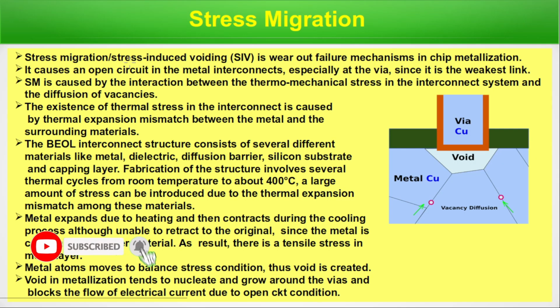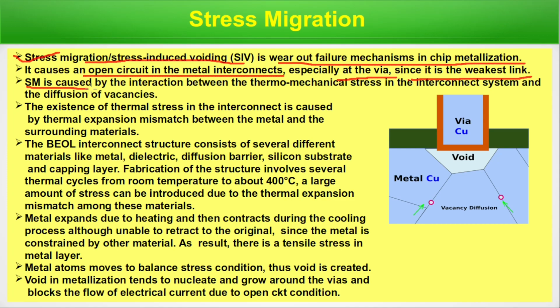Stress migration. Stress migration is another failure mechanism. Stress migration, or stress-induced voiding, is a wear-out failure mechanism in chip metallization. It causes an open circuit in the metal interconnects, especially at the via, since it is the weakest link. Stress migration is caused by interaction between thermomechanical stress in the interconnect system and the diffusion of vacancies.